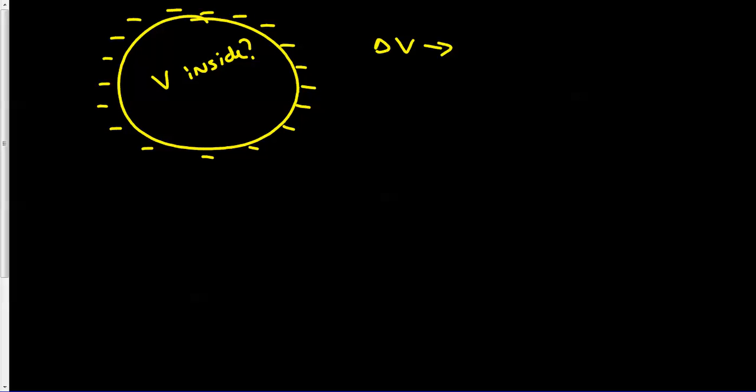But remember, we said that the E field inside the conductor is equal to 0. And the E field is what gives rise to a force. And if the electric field is 0, then the force is 0, then what we could say is that the charges are not moving. So that means that our potential difference, not our potential, but our potential difference, is 0. So that means that the potential is constant.